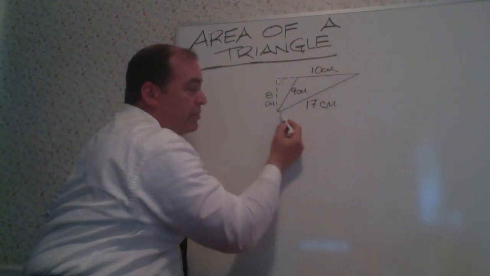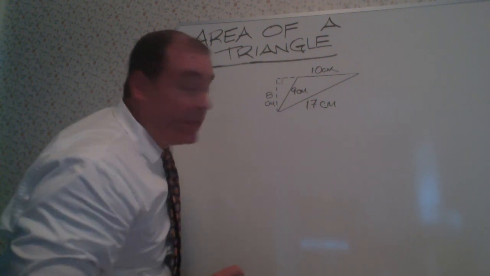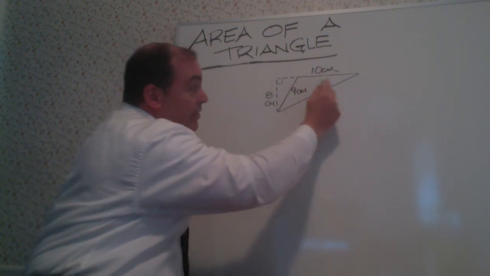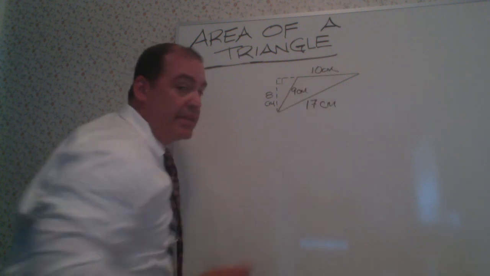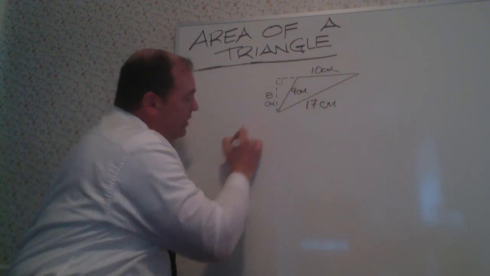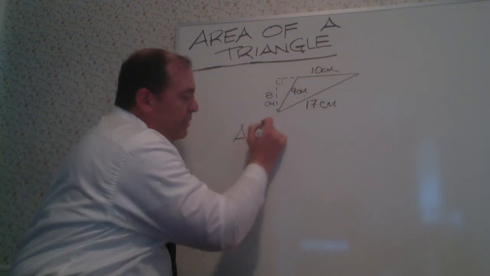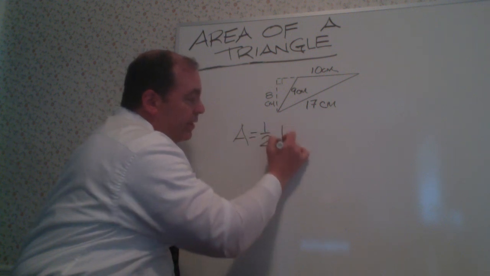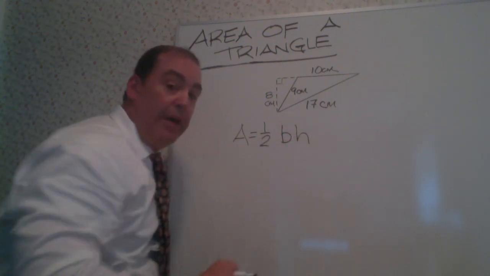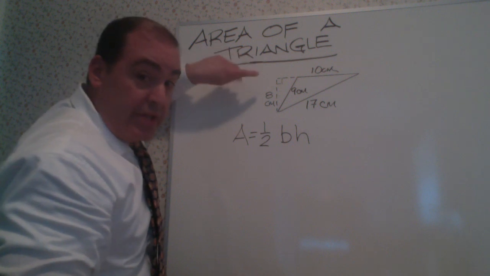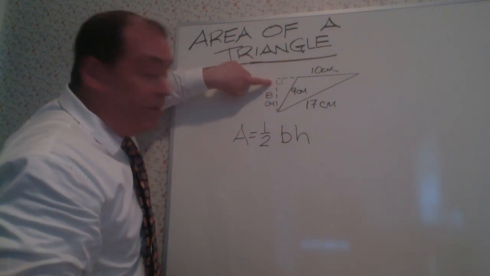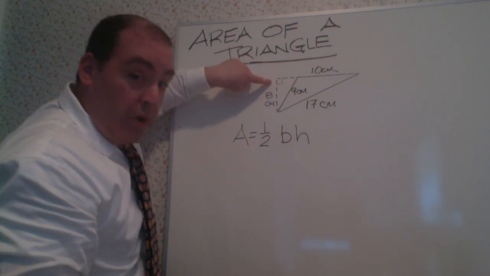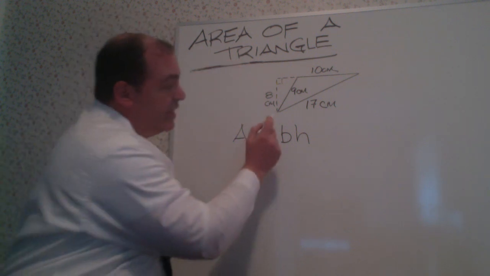The hypotenuse is 17 centimeters. And the opposite side is 10 centimeters. So how are we going to calculate base times height? Well, first we have to find our base times height. And every example, like I said, is going to have to give you one of the sides or enough information for you to calculate the side.